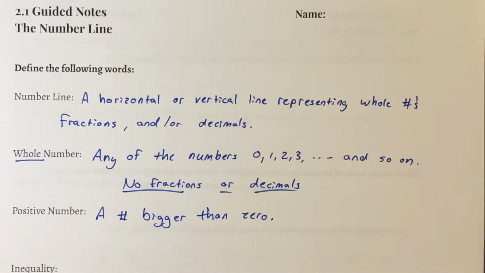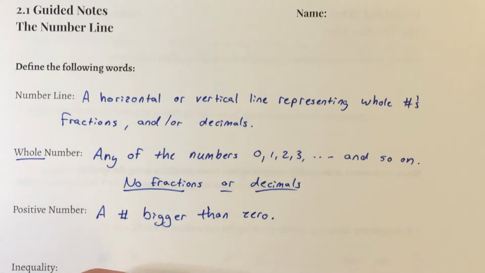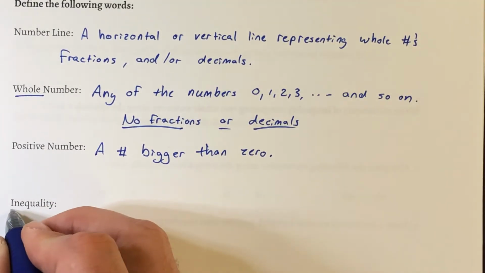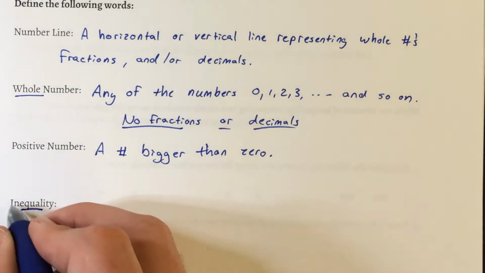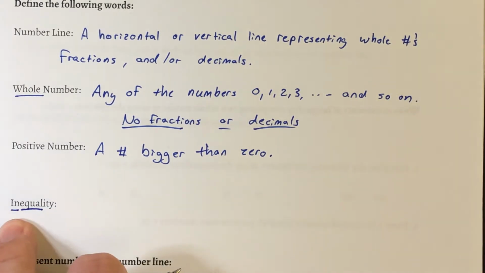Our fourth and last term, inequality. If you look at each piece of the word, in and equal, in means not, equal means the same. So we're basically saying something is not the same or something is not equal. Well, we're referring to a number sentence.